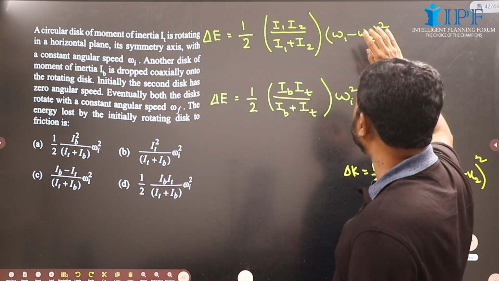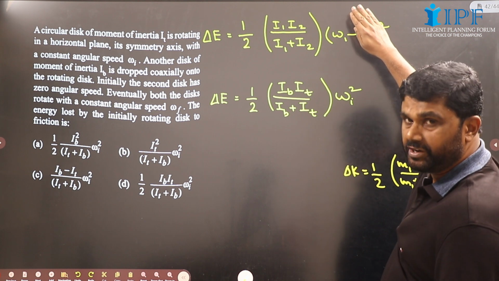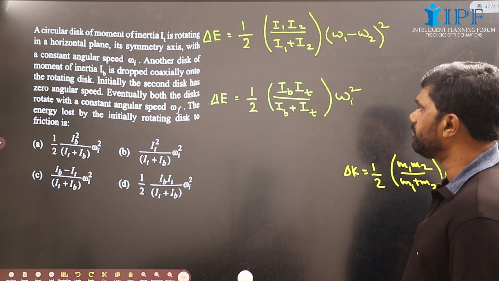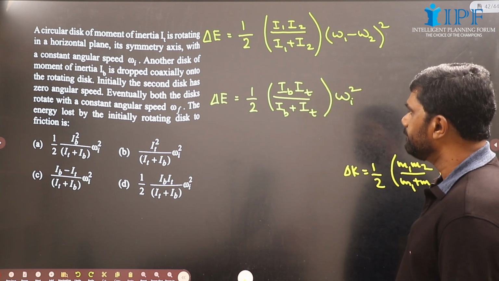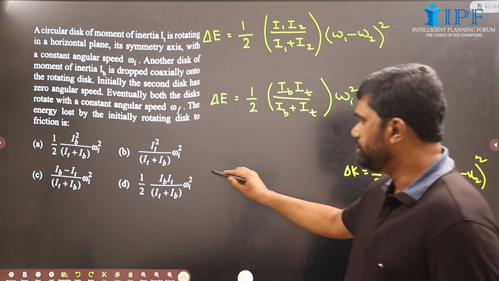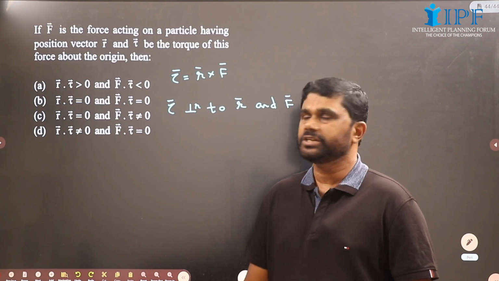Omega_1 will be equal to omega_i. So this will be, that is very simple, half I_B I_T divided by I_B plus I_T. Okay, so this must be the correct option. Now let's see the next question.